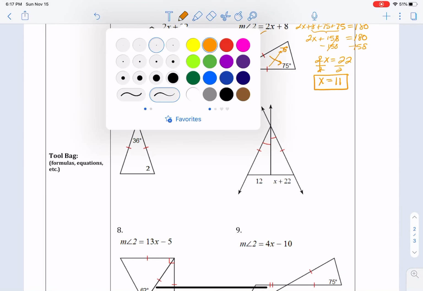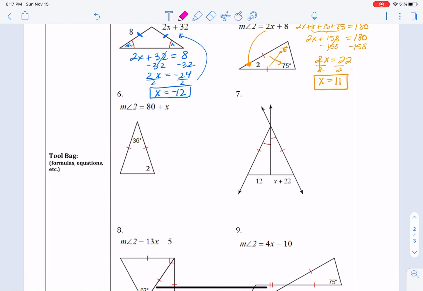Number 6 is very similar to number 5, except this time the algebra expression goes in two places because we're told that the two sides are the same. So this is also 2x. So then I get 36 plus 80 plus x plus 80 plus x equals 180.